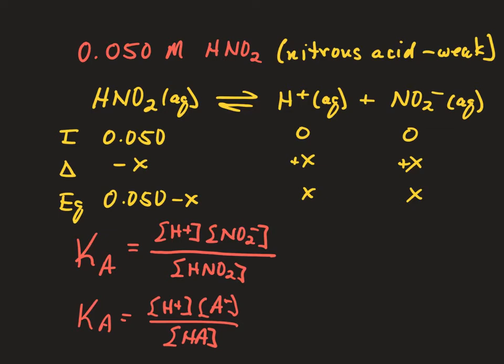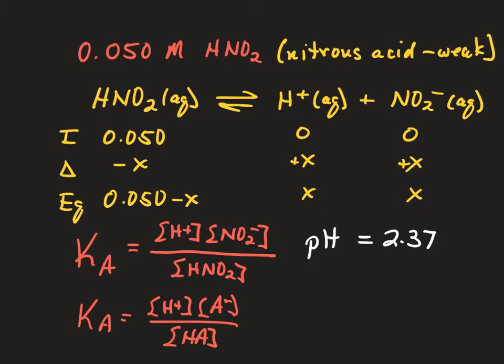So the question is, how do we measure the value of this equilibrium constant? We need to find one of these concentrations, and this is what we did in the laboratory too. If we use a pH meter and measure the pH of this solution, it is 2.37.